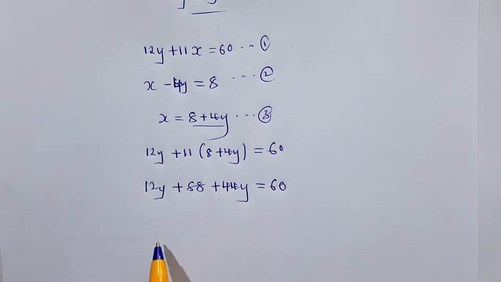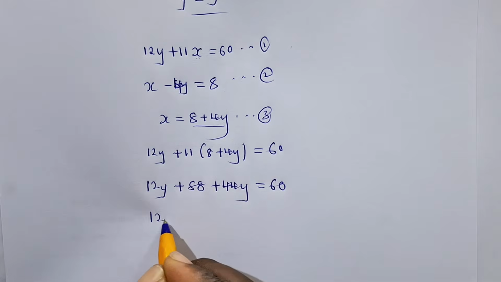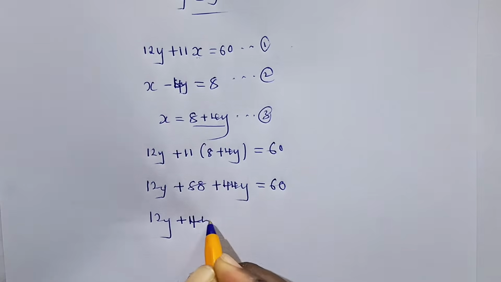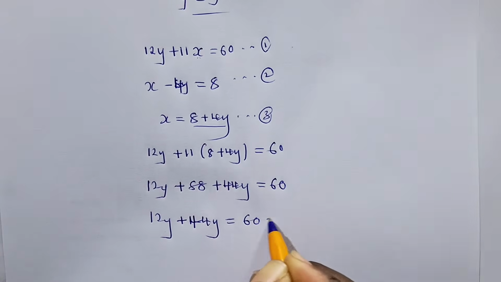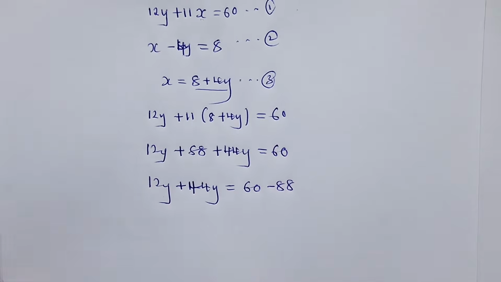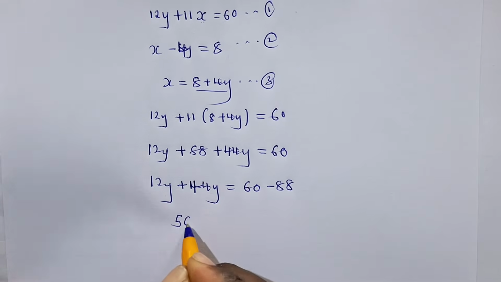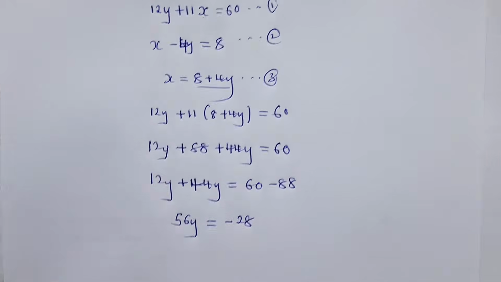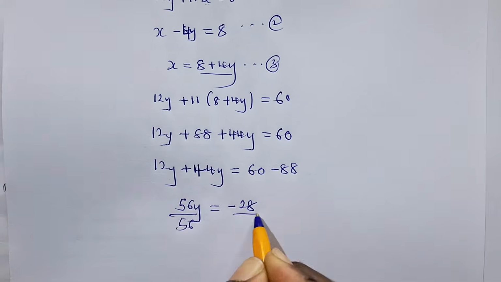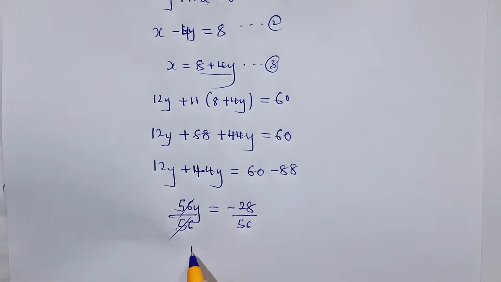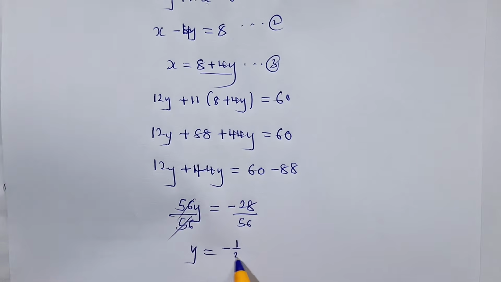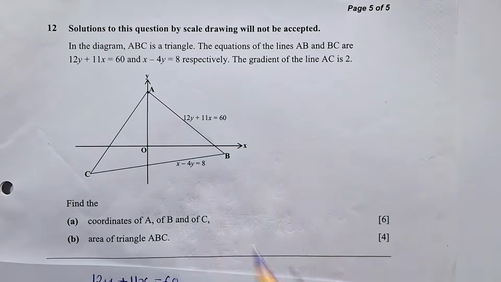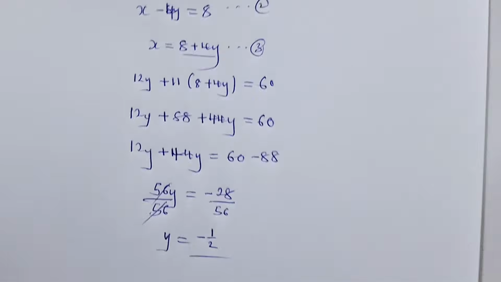We group the like terms: 12y plus 44y, which is 56y, is equal to 60 minus 88, which is negative 28. We divide by 56, and y gives us negative 1 over 2. So the y value at B is negative 1 over 2.